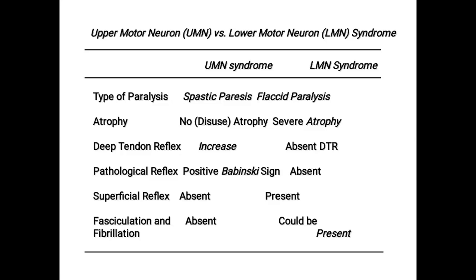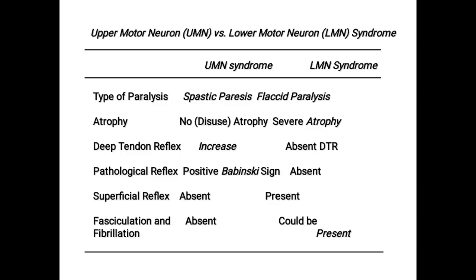In upper motor neuron lesion, generally there is spastic paralysis. The affected muscles become hypertonic. Upper motor, hypertonic, spastic paralysis. Why is there spastic paralysis in upper motor neuron lesion? One is the release phenomenon, so there will be loss of higher inhibitory control.